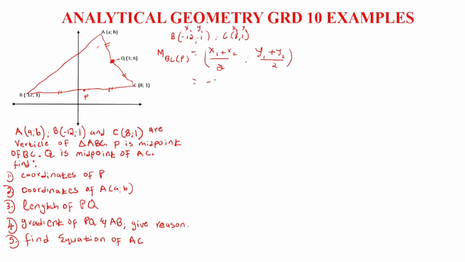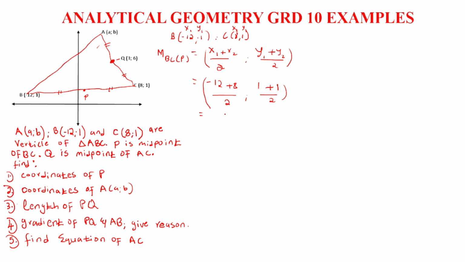x1 is minus 12 plus 8 all over 2, close bracket, comma y1, which is 1, plus y2, which is 1, all over 2.